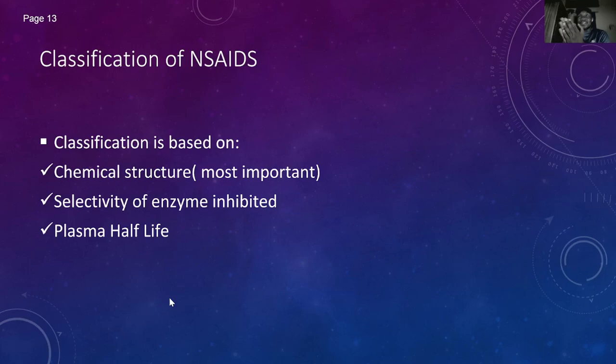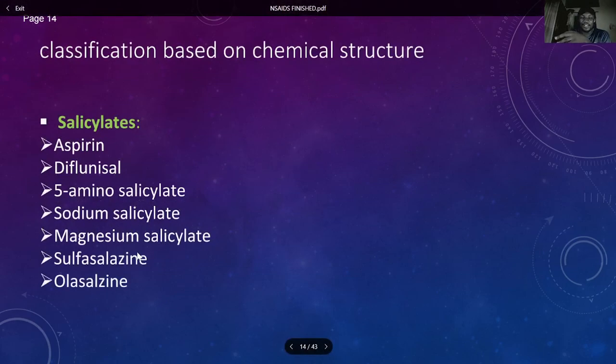Now, classification of NSAIDs. NSAIDs can be classified based on certain parameters, and these parameters include chemical structure, which is the most important, right, since we are discussing drugs, then selectivity of enzymes inhibited, and lastly, the plasma half-life.